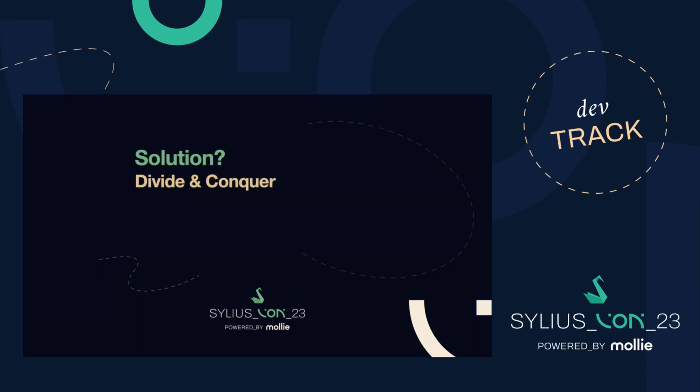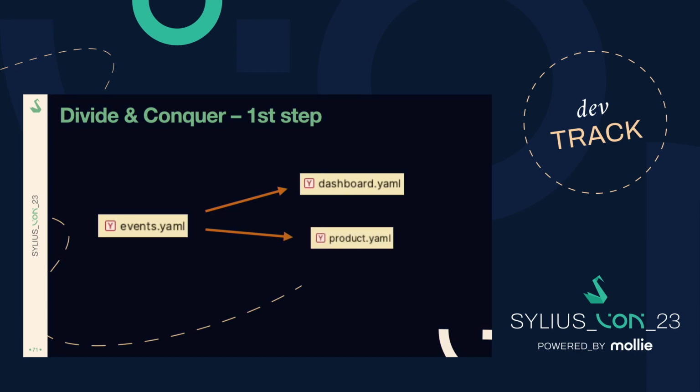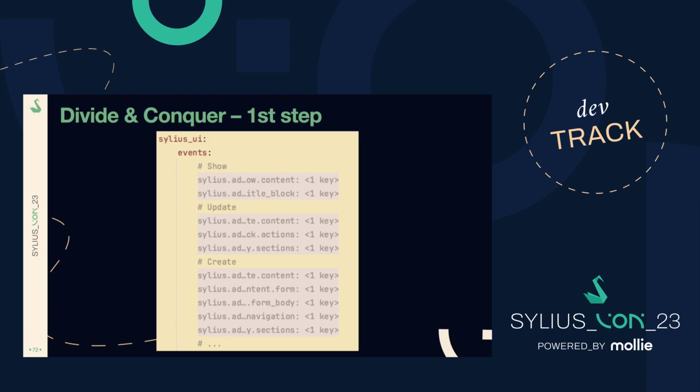And the solution: the old good divide and conquer. So I took the events.yaml file, and I started splitting it. I created dashboard.yaml for our dashboard, product.yaml for our product, etc. You know, product variant, and whatever we have in Sylius. And it started looking like this.